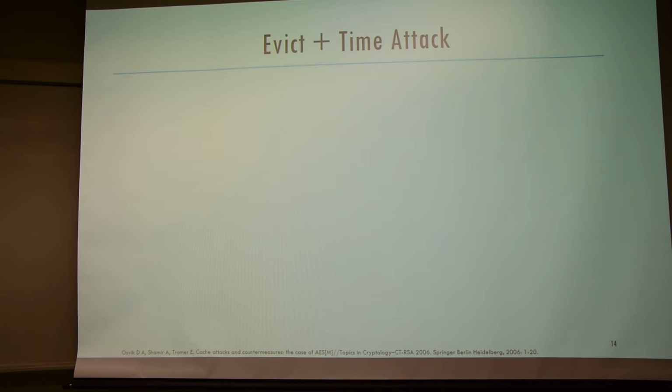So let's start with one example. It's called the evict and time attack. How do you do a cache side channel attack? You send a challenge, get a response, and calculate the time difference between the two. Kind of, but you will learn it right now.